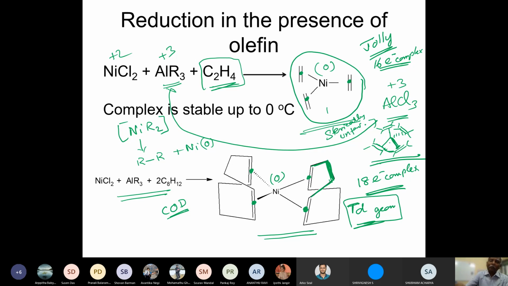Here it is electronically favorable, but sterically congested, sterically unfavorable. But because you have tied up the carbon-carbon bonds, you actually removed a hydrogen and formed a covalent interaction with the other olefin.